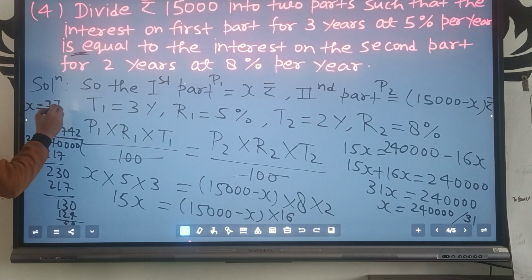So the first value is 7,742 rupees. It is the value of x.